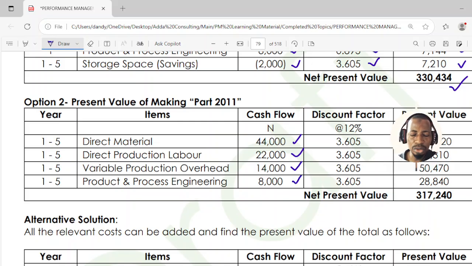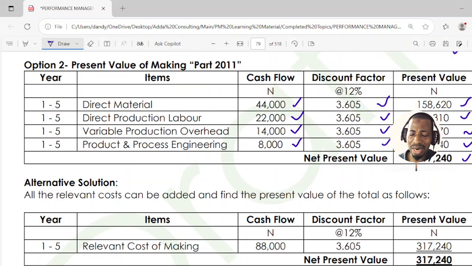So from year 1 to year 5, for the next 5 years, you need to use the annuity factor. Multiply that with the cash flow, and you get the present value for each year. Add up the present values, and we have 317,240 for internal production of part 2011.